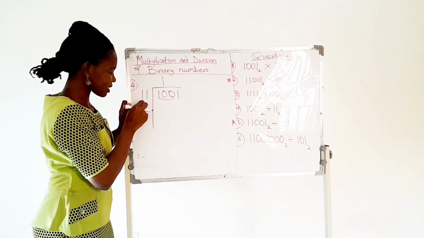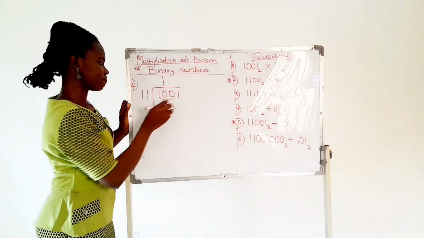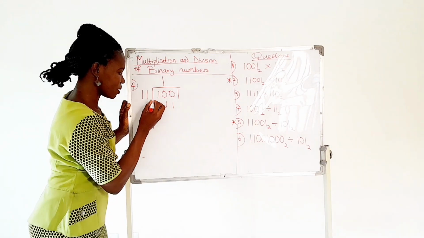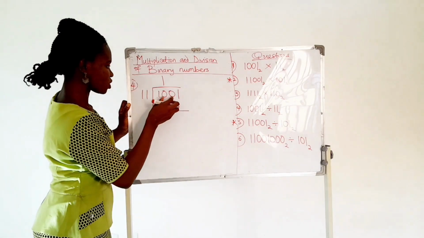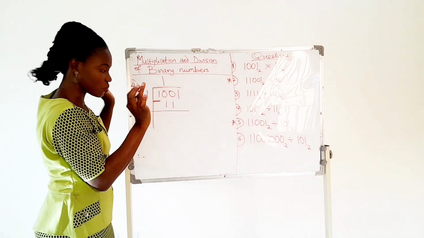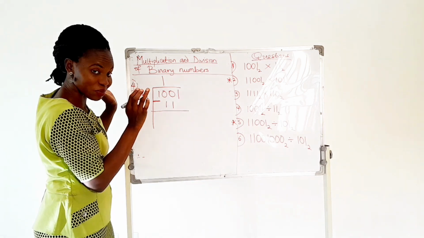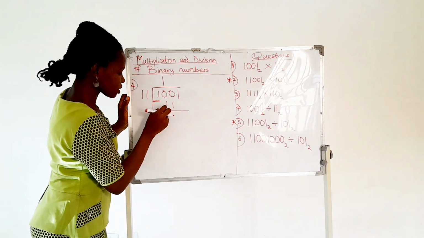So 1 times 1, 1, you get 1, 1. So now, here is where we are going to use the knowledge of subtraction. We subtract. Remember, our target is the 3 digits. This one we're not touching for now. So we have 1, 0, 0, subtracting 1, 1.